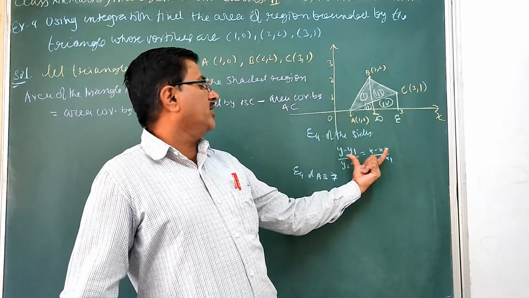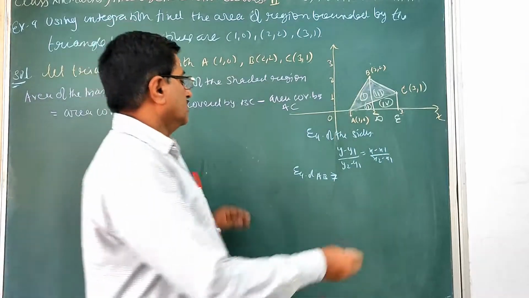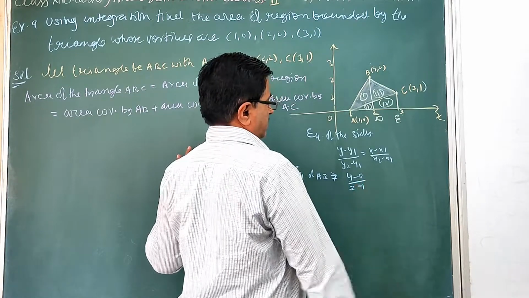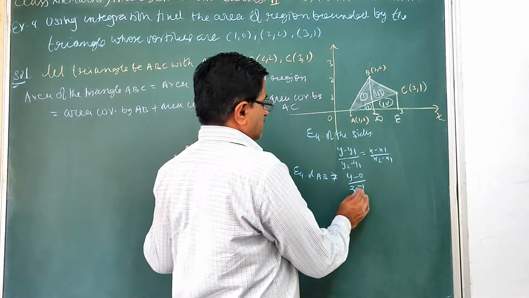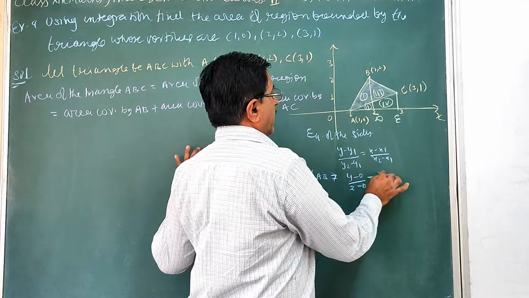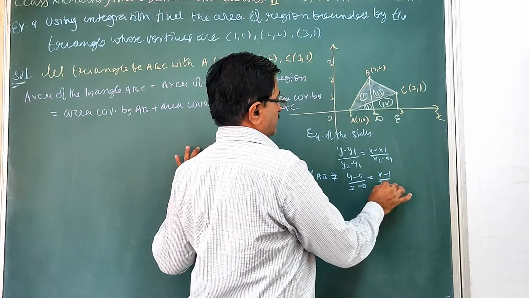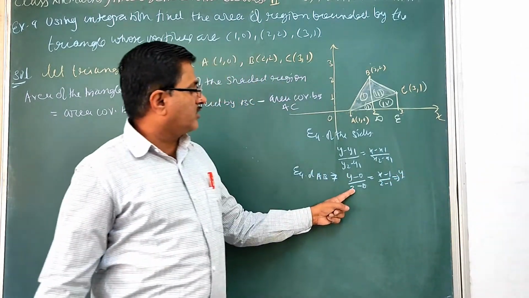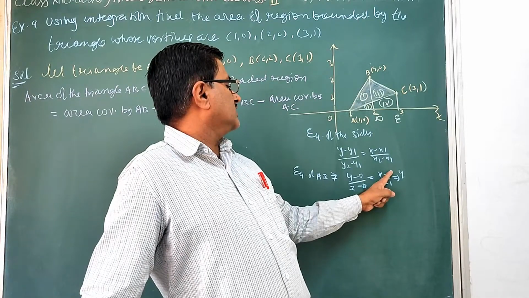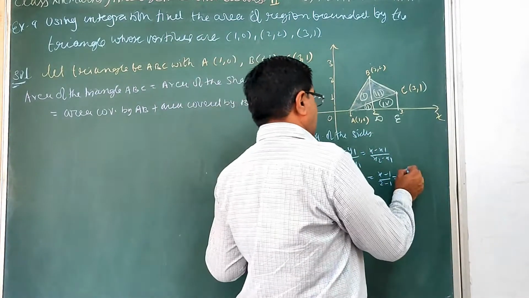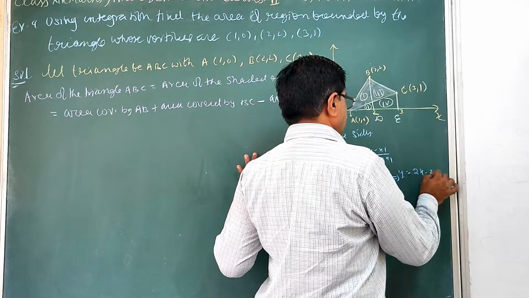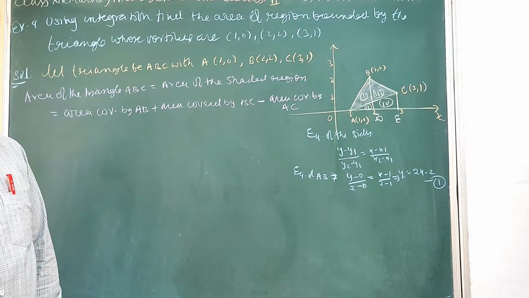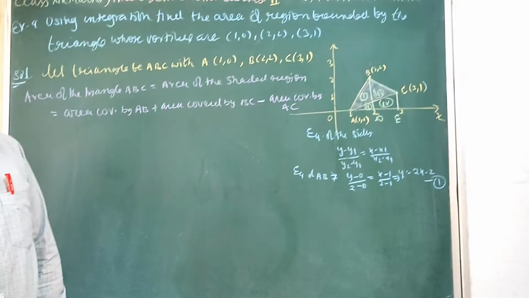So put these 2 points in this formula, we get y minus 0 upon 2 minus 0 equal to x minus 1 upon 2 minus 1. So you solve this. Y by 2 equal to x minus 1 upon 1. If you cross multiply, y equal to 2x minus 2. This is the equation of AB.